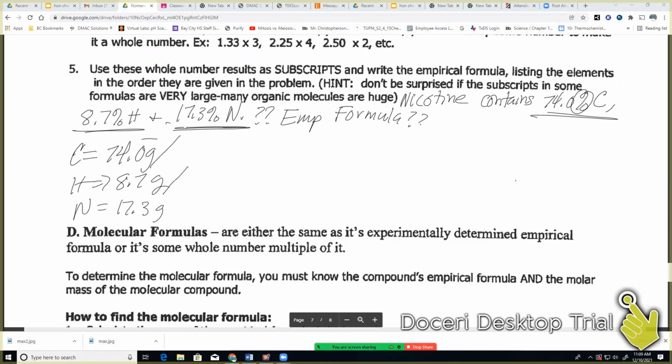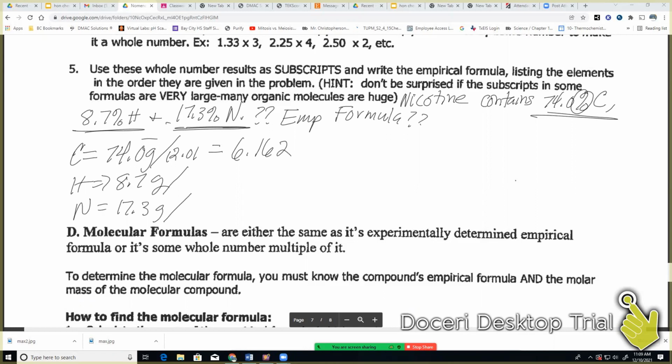And now I'm going to divide each one by its own molar mass. So the molar mass for carbon is 12.01. And when I divide that top number by the bottom, and here's when you want to keep it at least 4 sig figs, I'm going to get 6.162. I'm going to do the same thing for my other elements.